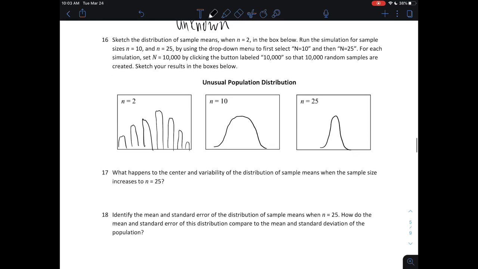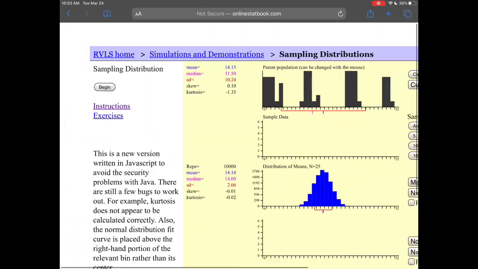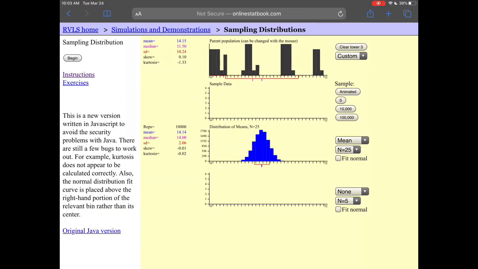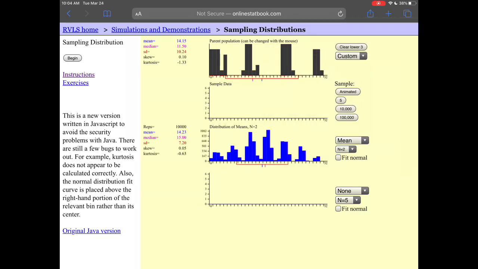So then number 17, what happens to the center and variability of the distribution of sample means when the sample size increases to 25? Maybe think of what we've already said with that same question in the previous examples that we've looked at. But if I go back to my graph, we can also just look at the mean for each.